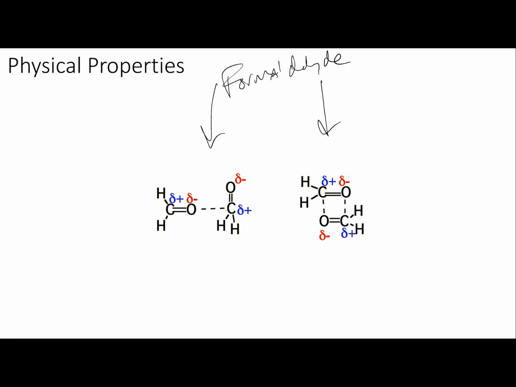Though there's no hydrogen bonding possible, because there's no H's connected to O's like we saw in alcohols, these do still have higher boiling points than their normal alkanes. But they have lower boiling points than alcohols and carboxylic acids, compounds in which there is hydrogen bonding possible.